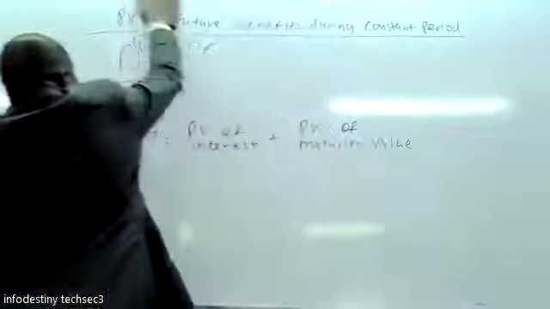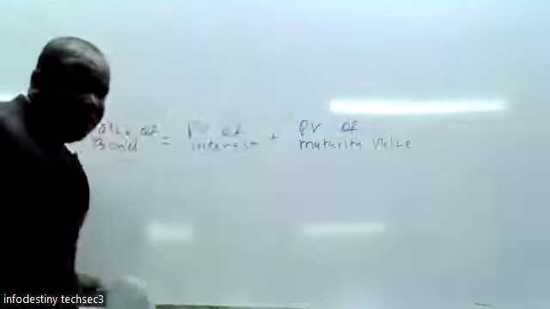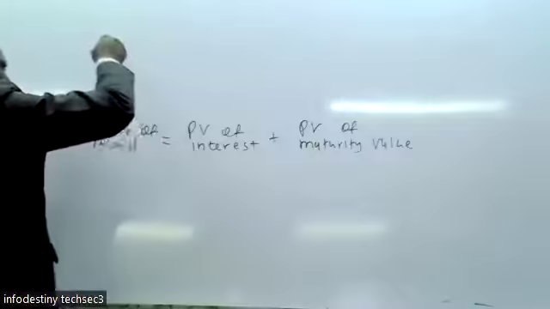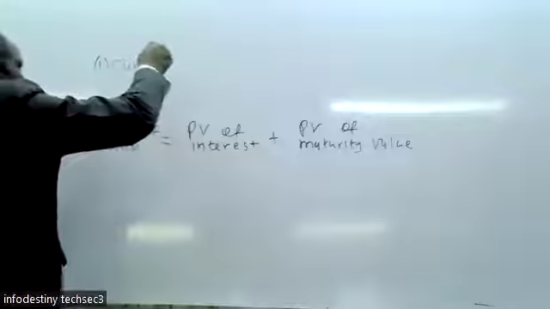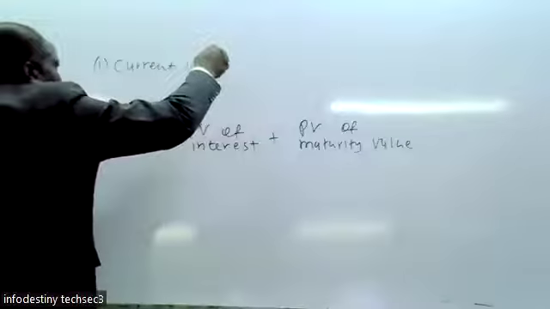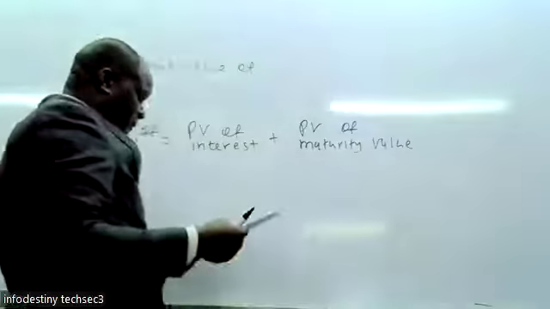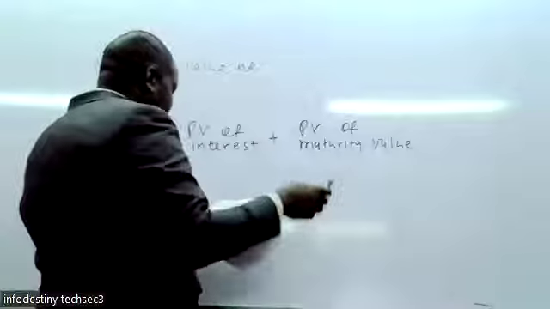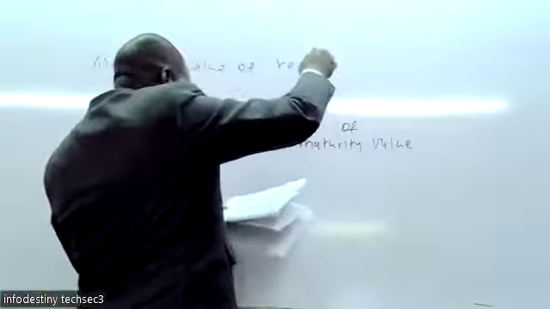So Roman letter 1 is the current value of the redeemable bond.